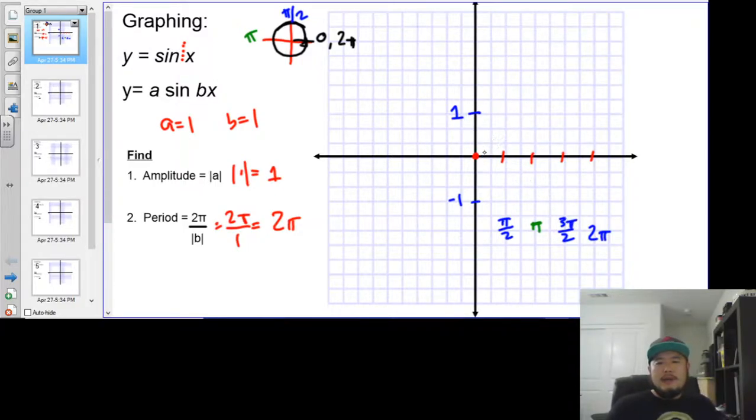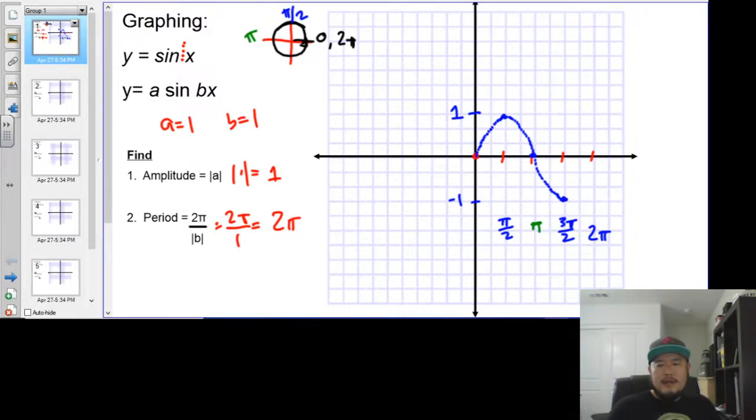And so what I'm going to do here is we start right there at the origin, and I will go ahead and go up to pi over 2, and there's one of our points. The function then goes down to pi, there's another point. It's going to continue to go down right here now to -1 using our amplitude.